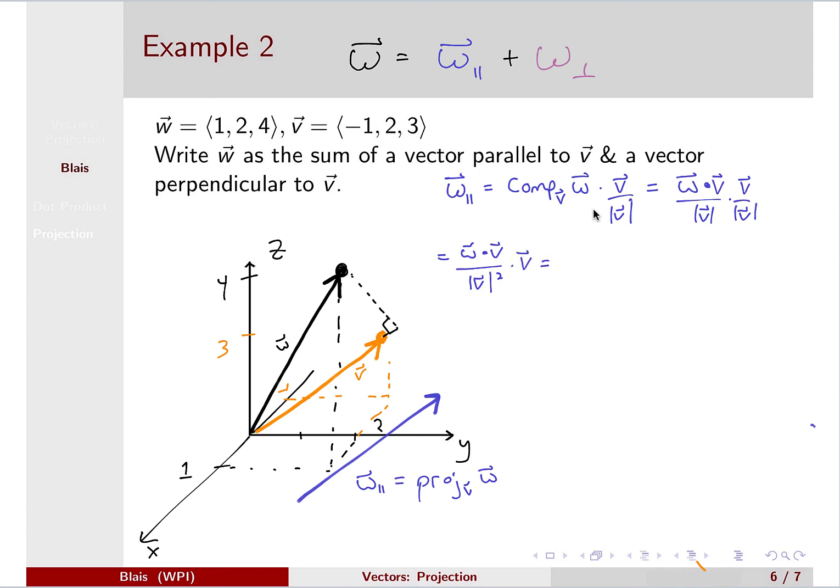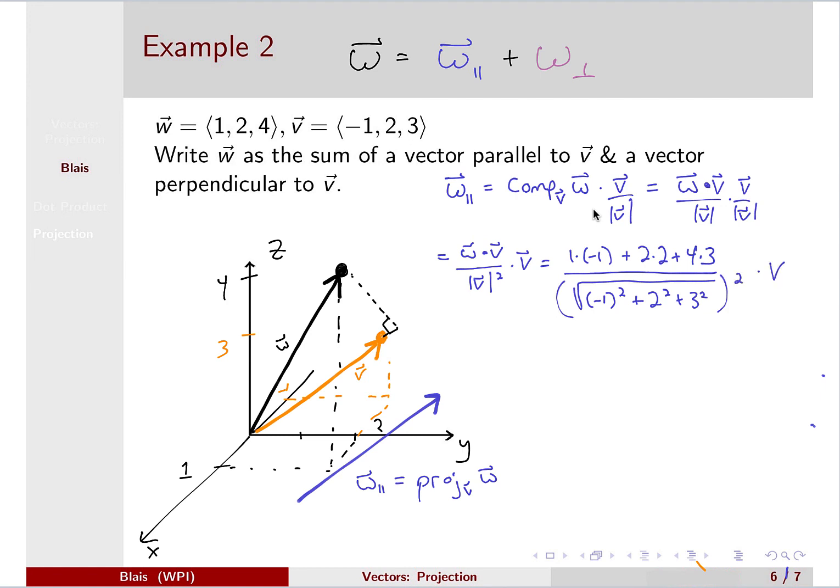And we can figure out what this value is here. W dot v, we see from the definitions of w and v, we can do the dot product. 1 times -1 plus 2 times 2 plus 4 times 3, all over the length of v squared. The length of v, we know, is the square root of, we square these entries and add them, -1 squared plus 2 squared plus 3 squared, but we're squaring that length.